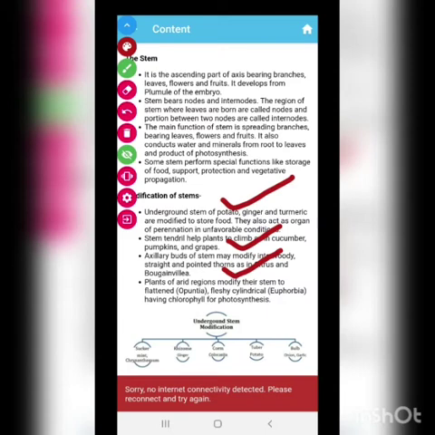Plants of arid regions also modify. Arid regions are the dried regions, such as the desert areas of Rajasthan, where the water condition is very bad.